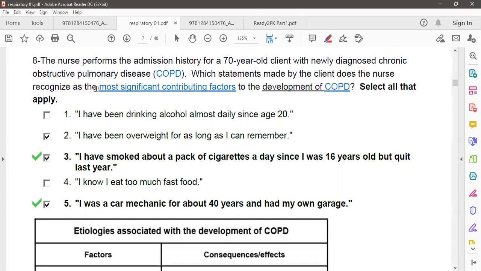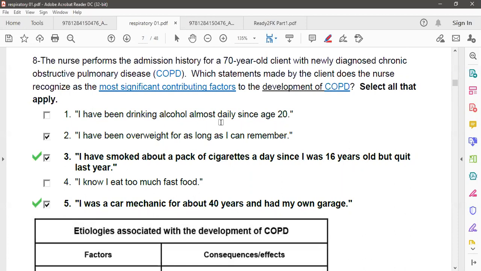Select all. Number one, I have been drinking alcohol almost daily. So alcohol does not have any relationship with COPD. If a patient gives a history of smoking, smoking is related with COPD.